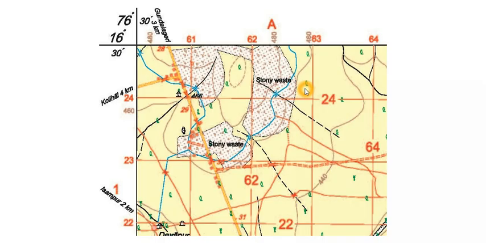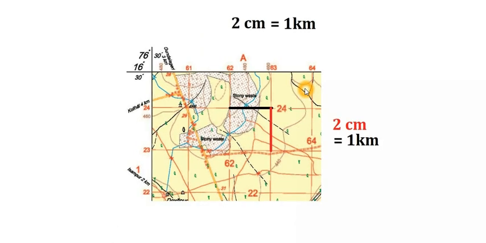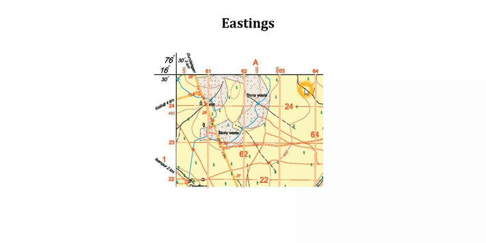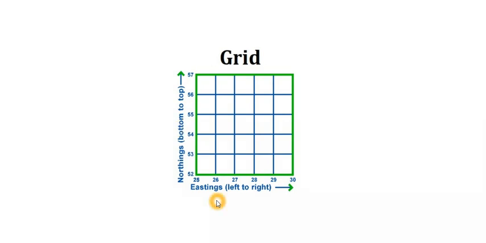So we have created additional lines, a grid system, made up of horizontal and vertical lines called eastings and northings. Eastings are the vertical lines, northings are the horizontal lines. Together they form a grid, and the numbering starts from the bottom left side. The numbering of northings starts from the bottom and increases towards the top.